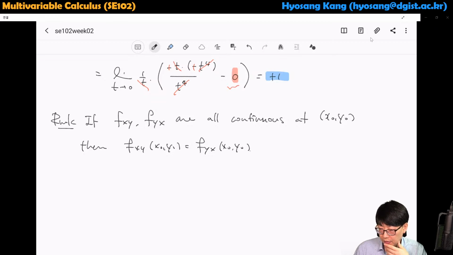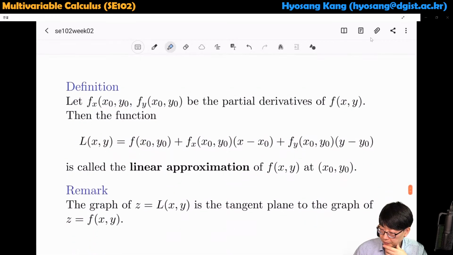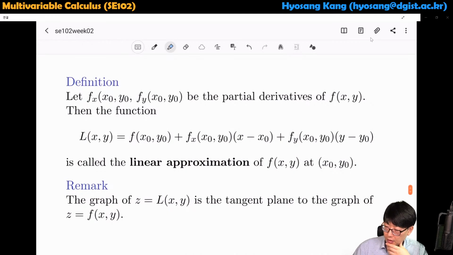Also be quite careful that it doesn't work for every function. If this condition doesn't hold, then you don't have the same second order partial derivatives. If it's too fast, please let me know. I can revisit previous slides and give more detail, or I can just keep moving.